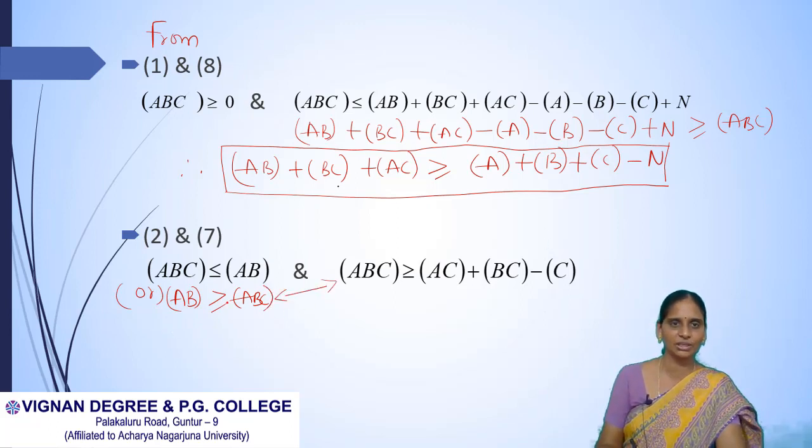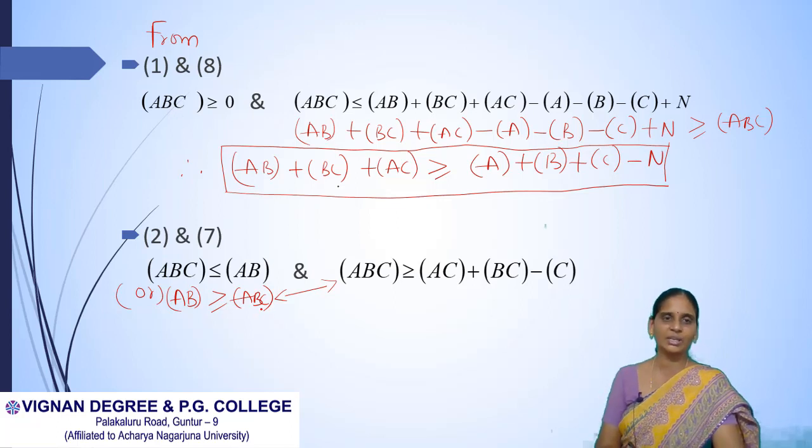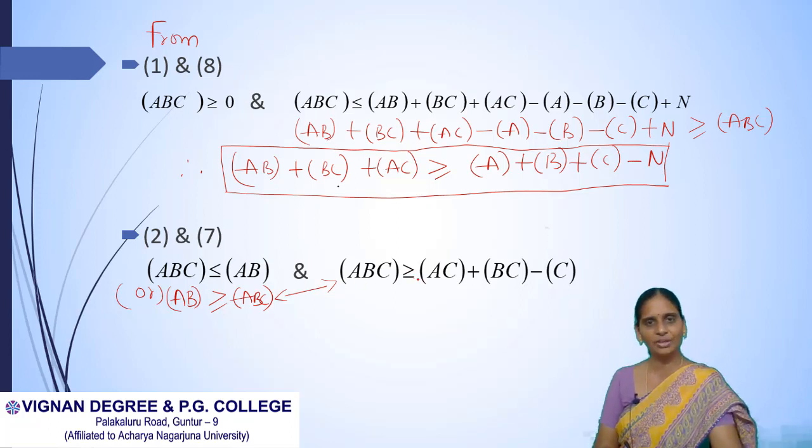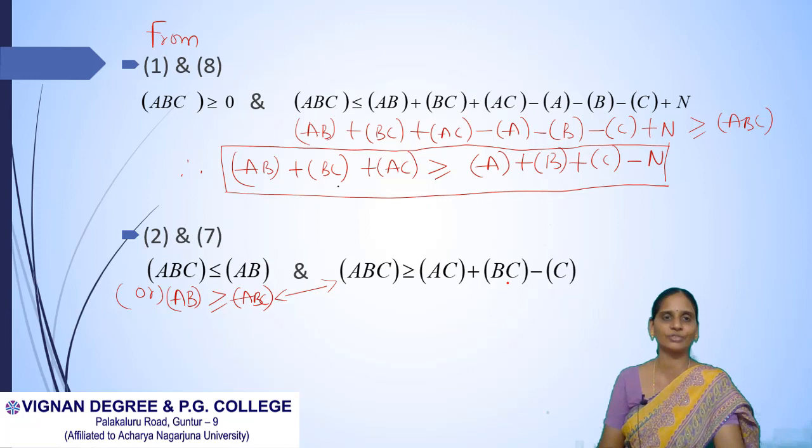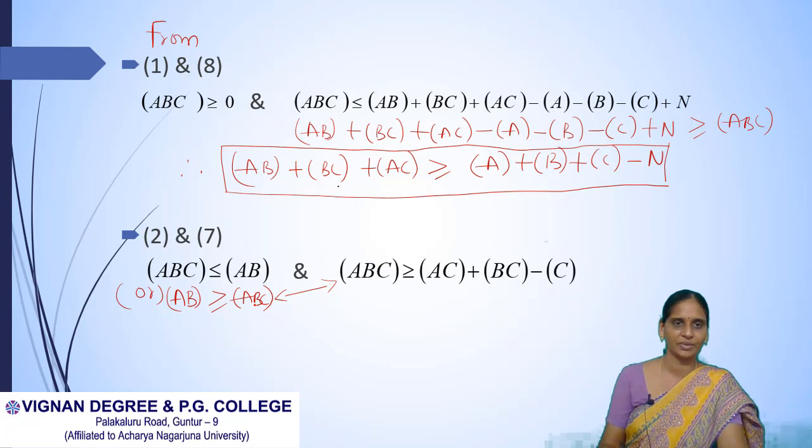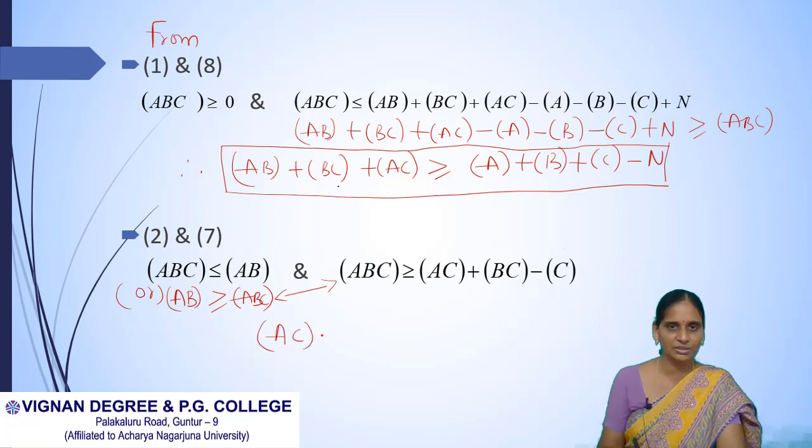We combine these two relations, second and seventh: AB is greater than or equal to frequency of ABC, and again frequency of ABC is greater than or equal to frequency of AC plus frequency of BC minus frequency of C. Combining the second and seventh relations, we get another consistency condition, that is frequency of AC plus frequency of BC minus frequency of AB, which is less than or equal to frequency of C.